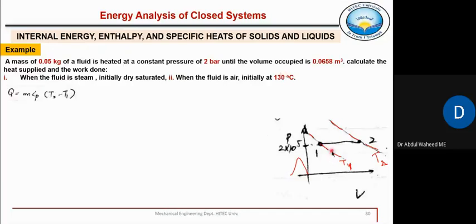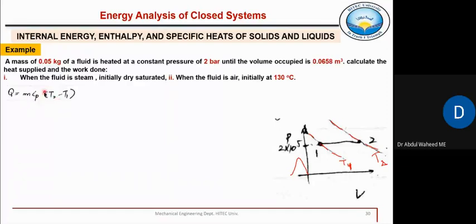So how to find out heat transfer? Heat transfer is given by H2 minus H1, and the enthalpy change is actually m Cp T2 minus T1. We have already stated the change in enthalpy is actually specific Cp into change in T. So here there is no need to find out H1 and H2 from any table. We can directly use this equation, m Cp into T2 minus T1.